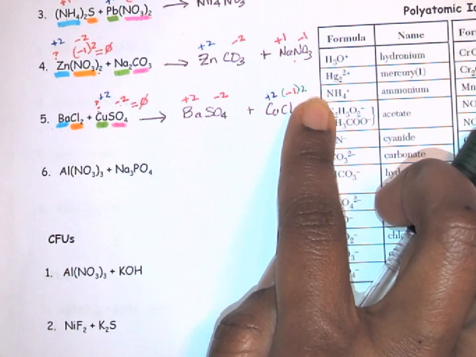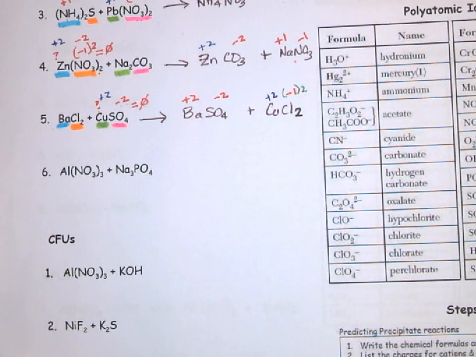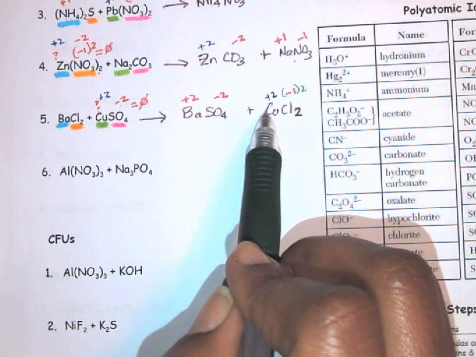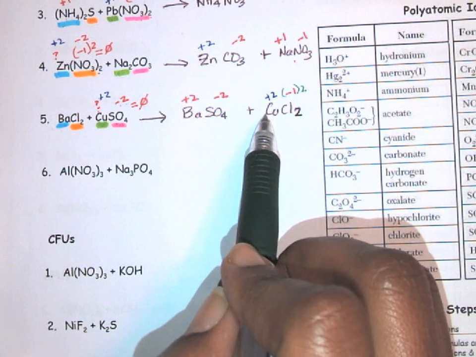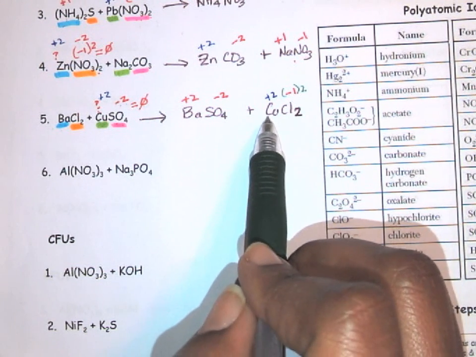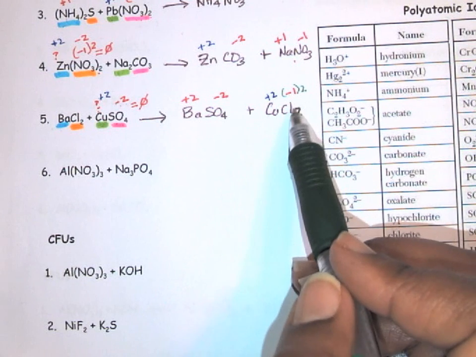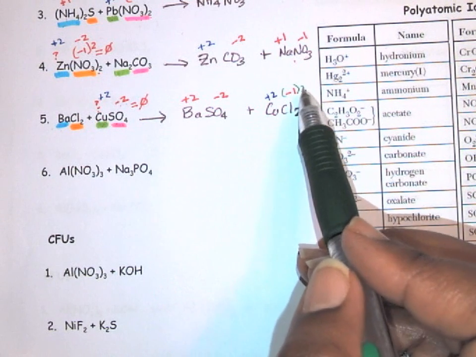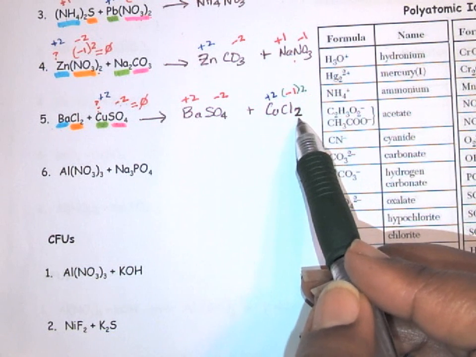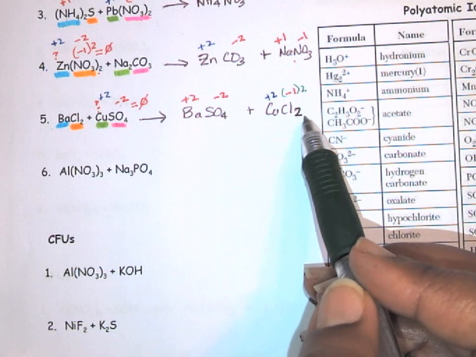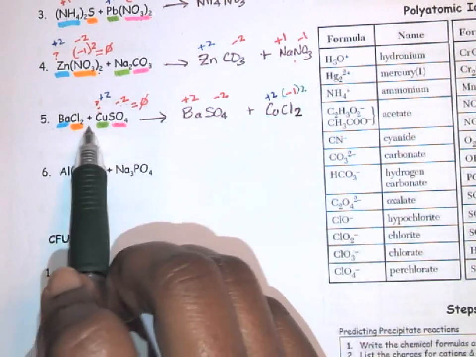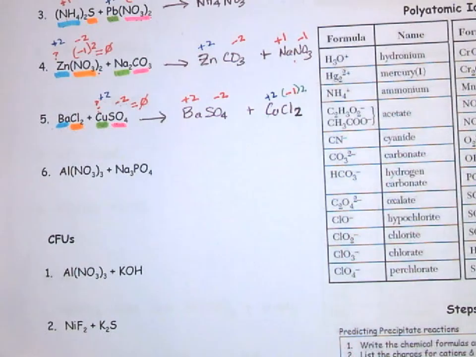The next important thing is that to figure it out, we checked that the overall charges of the cation and anion add together to give 0. Copper, our cation, had a +2 charge and chlorine, our anion, had a -1 charge, so it didn't give us an overall charge of 0. So we needed 2 chlorines, and that's where the subscript 2 comes in. It doesn't come from just seeing a 2 here means it goes here. This just happens to be a coincidence. It does not always work that way.